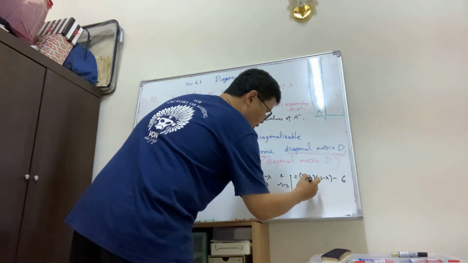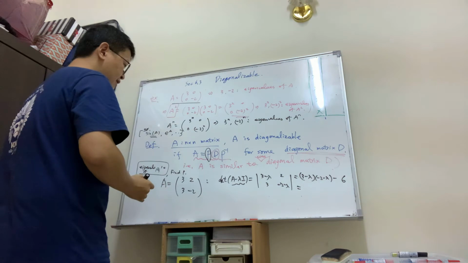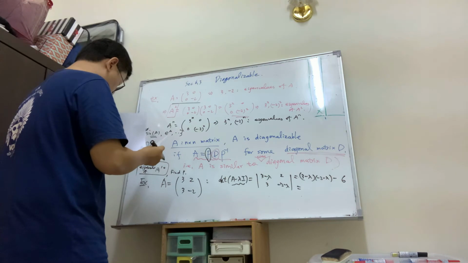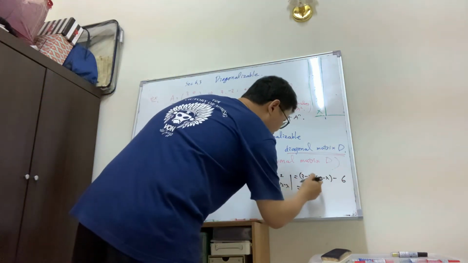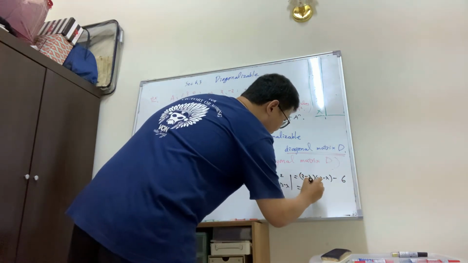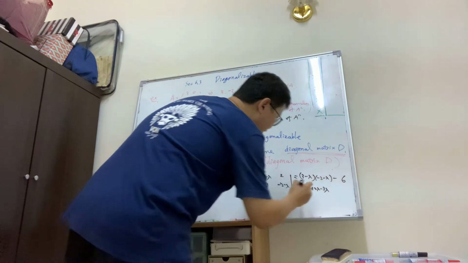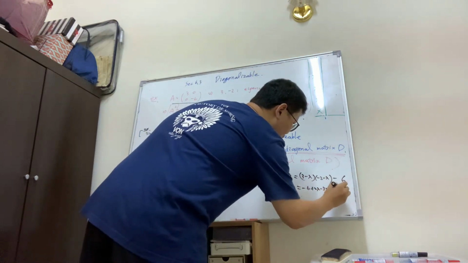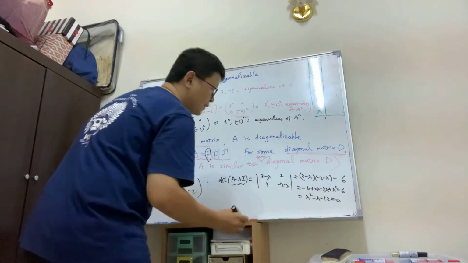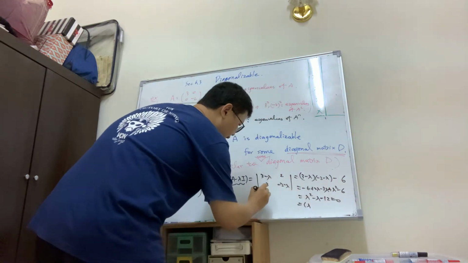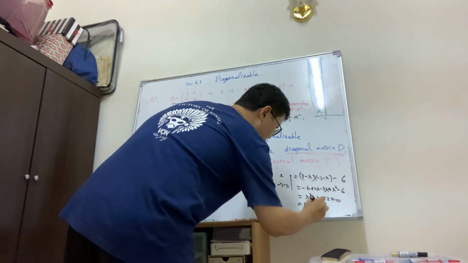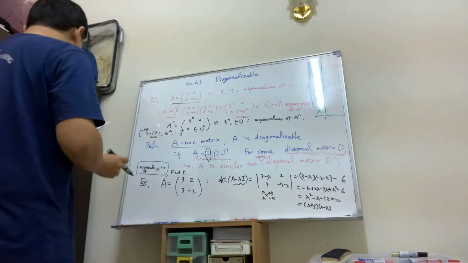So it's equal to negative 6 plus 2 lambda, minus 3 lambda, plus lambda squared, minus 6. So it's lambda squared minus lambda minus 12 equals 0. So it factors as (lambda plus 3)(lambda minus 4).